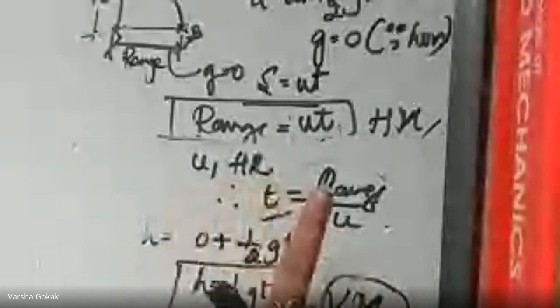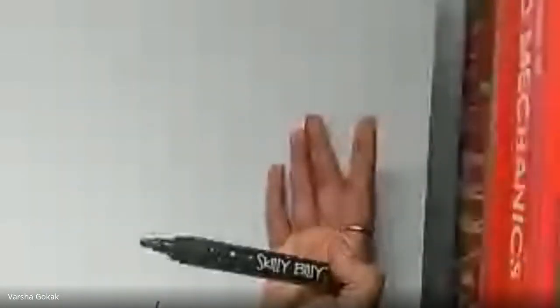Clear? So we will have this equation and this equation for the first case, combination of vertical as well as horizontal motion. Okay, we'll take up one or two simple numericals related to only this case. Now there are three cases. After each case, I will take one or two numericals so that you will understand that concept. If I do all the three cases at once and do the numericals, I feel personally it would be a little confusing. So one case we will do and related numericals we will do, so you will understand the application there only.